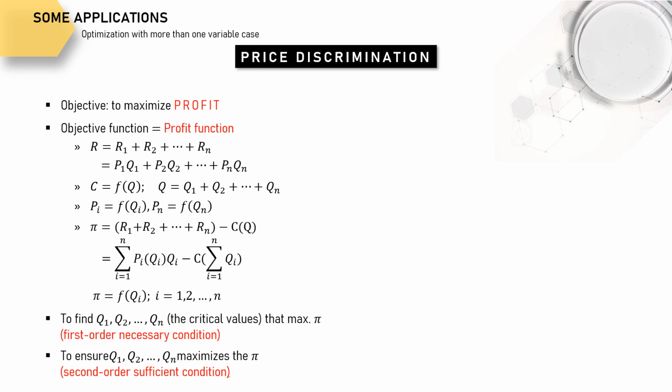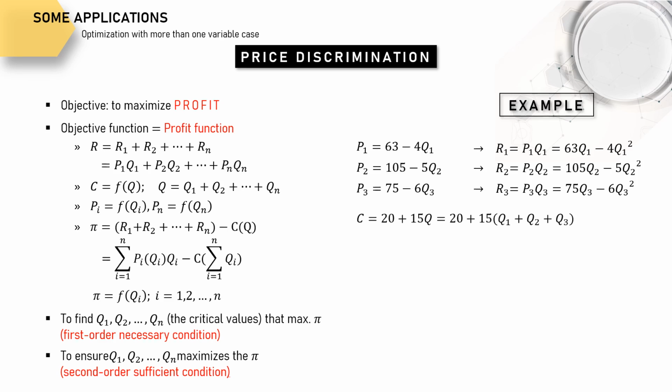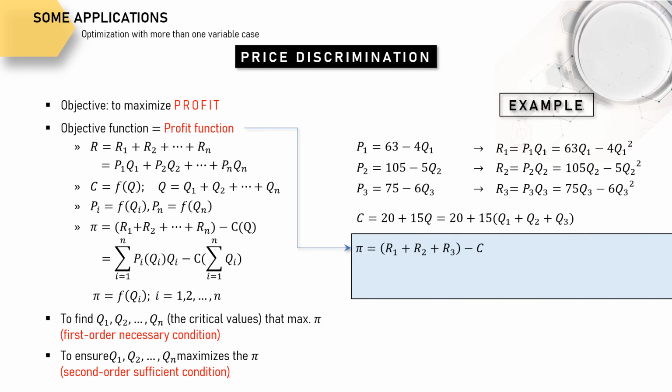To make it clearer, let's see the example here. We have the following inverse demand functions from different groups of customers, price as a function of output. Accordingly, we can get this revenue function. If the cost function is given by this equation, then profit is the summation of the three revenues minus the cost, or this.